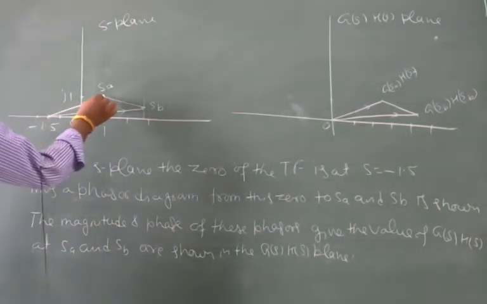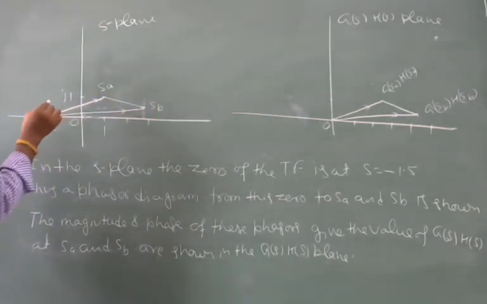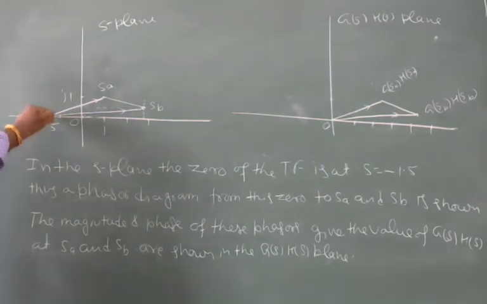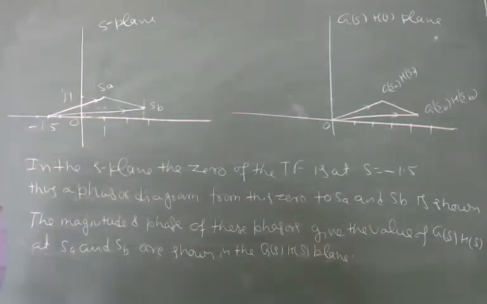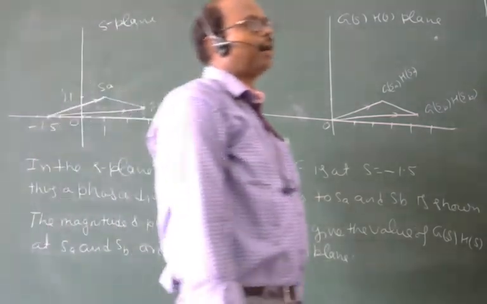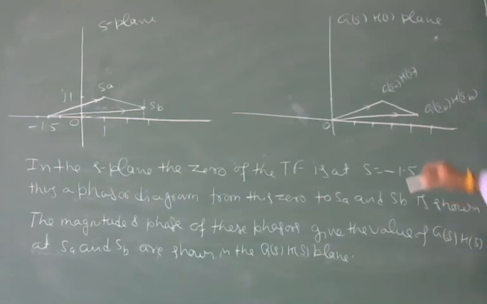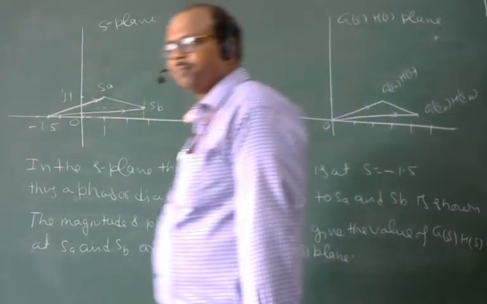Here, this is a phasor from this 0 of the transfer function, and the magnitude and phase of these values SA and SB give us the values of GSA HSA and GSB HSB in the GSHS plane.